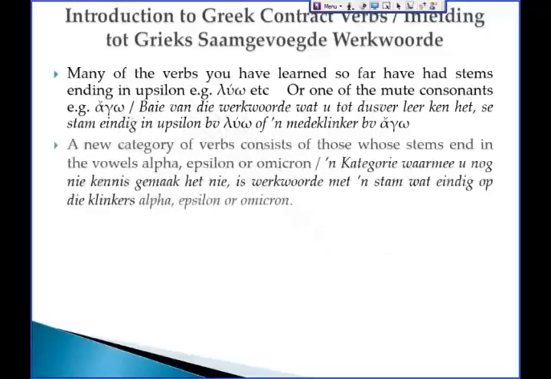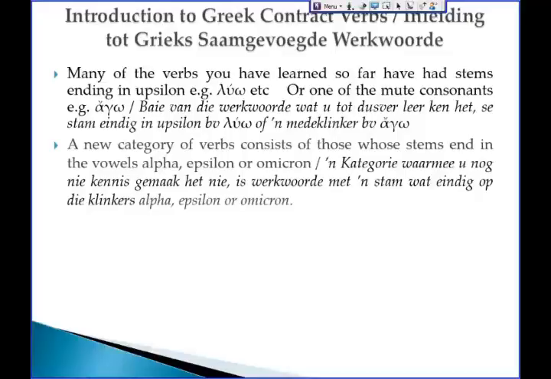A new category of verbs consists of those whose stems end in the vowels alpha, epsilon, and omicron. Give me an example from lesson 21: the verb agapao.